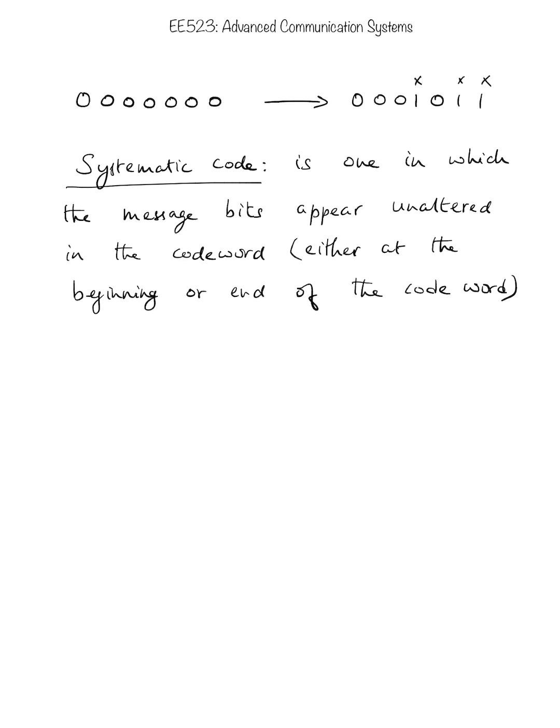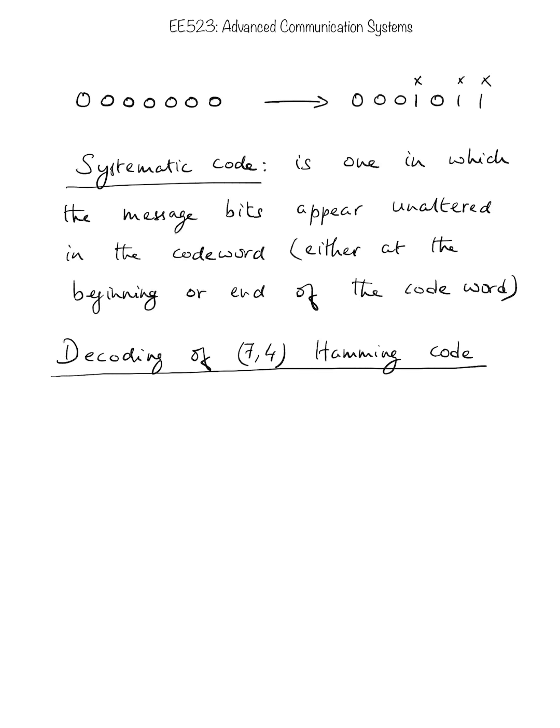Now we can move on to the decoding of the 7/4 Hamming code. So far we have seen the encoding, and after encoding, by looking at the code words, we have seen some properties like the Hamming distance and the minimum Hamming distance, and from that we got to know the error detection capability of this code and also the error correction capability of the code.